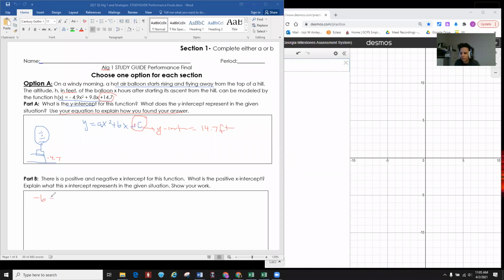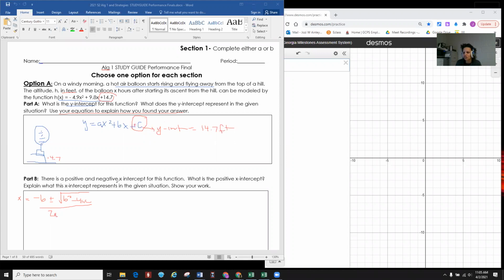Negative b plus or minus the square root of b squared minus 4ac, over 2a. This gives the x-intercepts, or the roots, or the solutions.